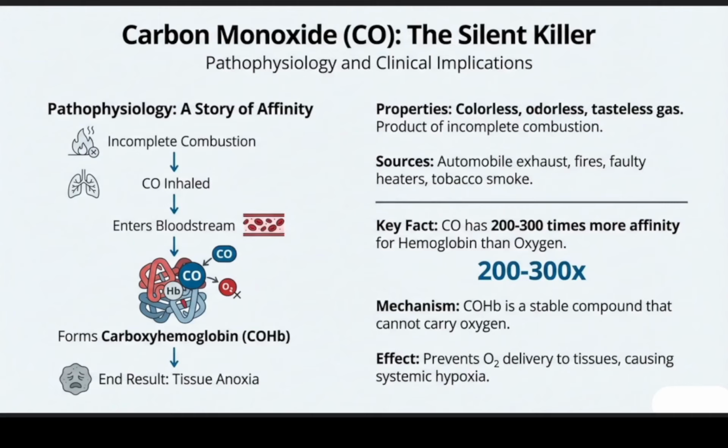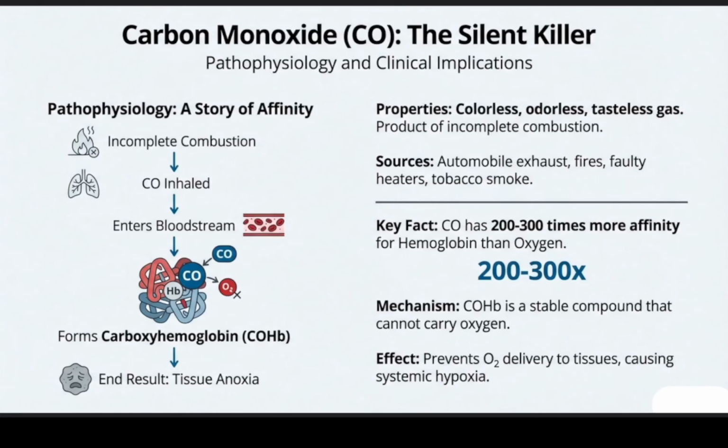So let us see. Whenever there is an incomplete combustion, carbon monoxide is inhaled. It is going to enter the bloodstream and form carboxyhemoglobin. The end result is that the tissue is not going to get oxygen, and there is tissue anoxia. If you go back to physiology and read about the oxygen dissociation curve, there are many factors that determine when oxygen is favored and when carbon monoxide is favored.